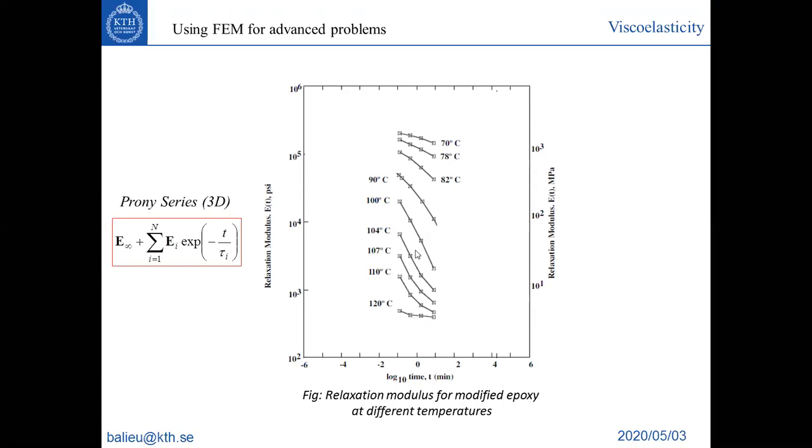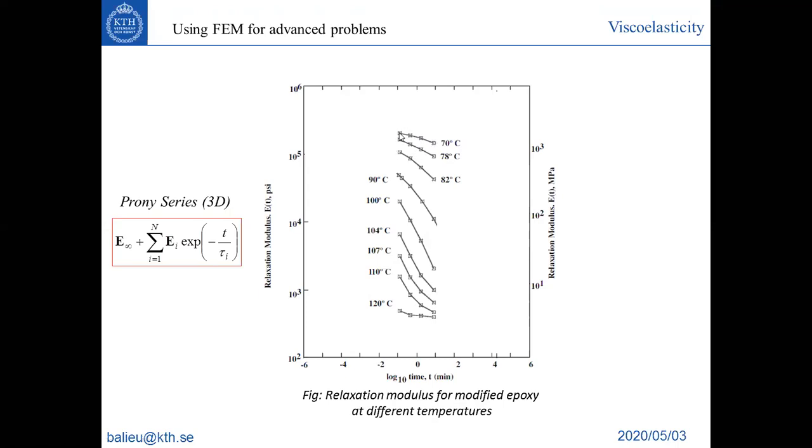As you can see, for many materials which have temperature dependency, when the temperature is higher, your material is softer, so you have a lower modulus, and when the temperature is lower, your material is stiffer.